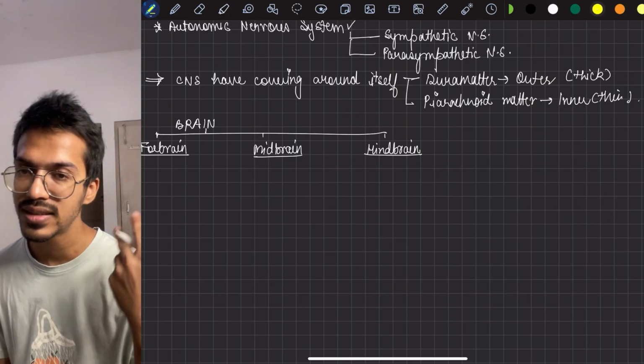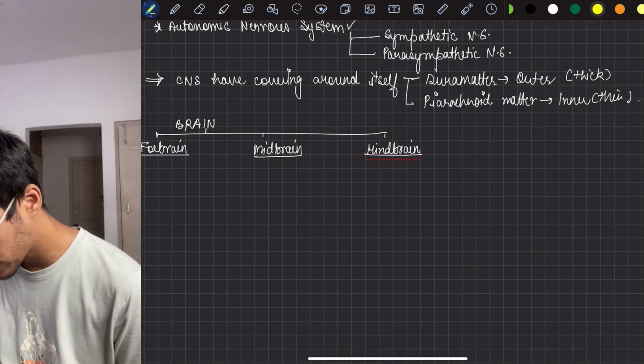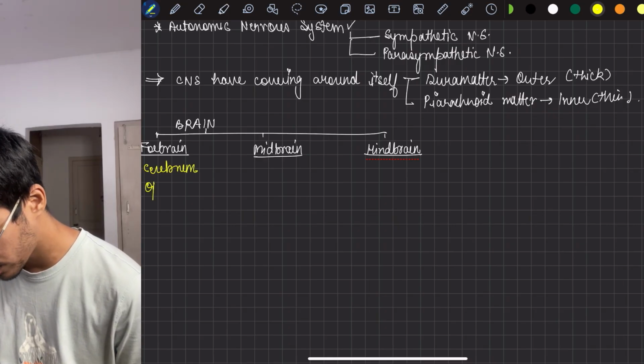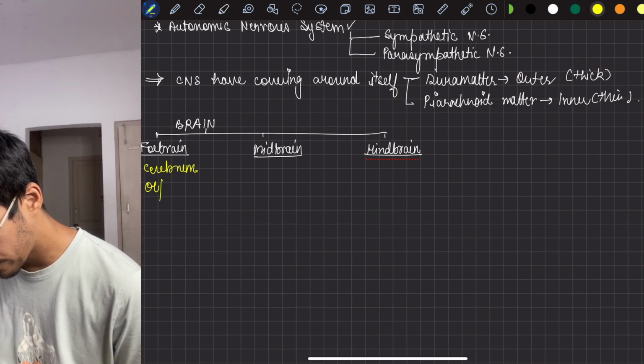The forebrain has 3 structures present to it. First is the cerebrum. Next are the olfactory lobes. And the last is the diencephalon.